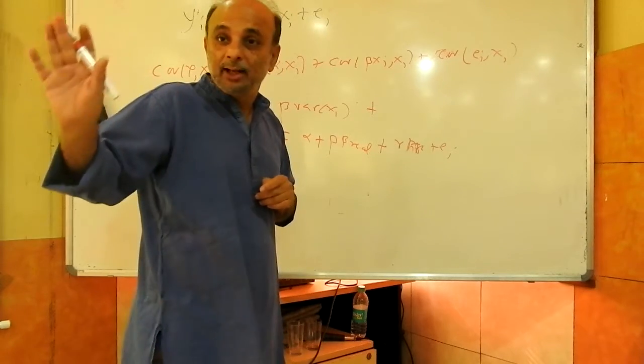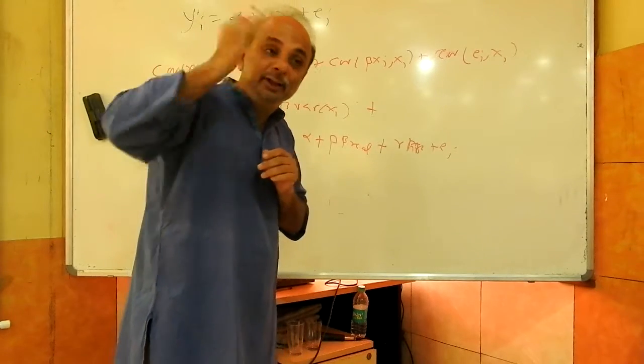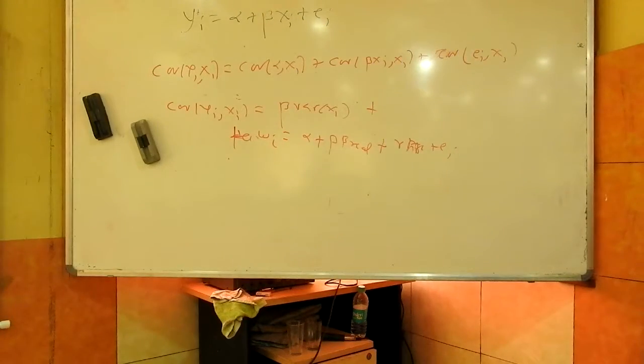Is this clear? Because EI is the difference between each individual y and the average of all the individuals for that characteristic. Is there a way to prove this mathematically or is it a lengthy procedure? No, you just look at it intuitively, because what is EI?